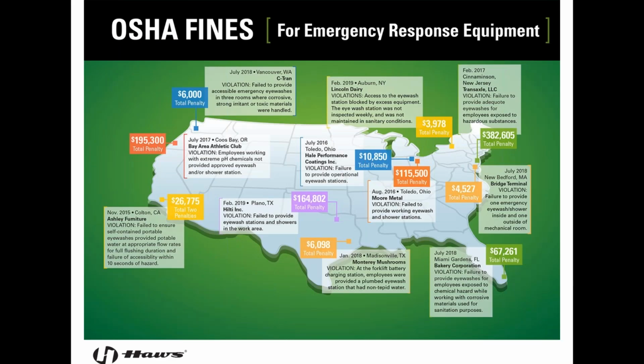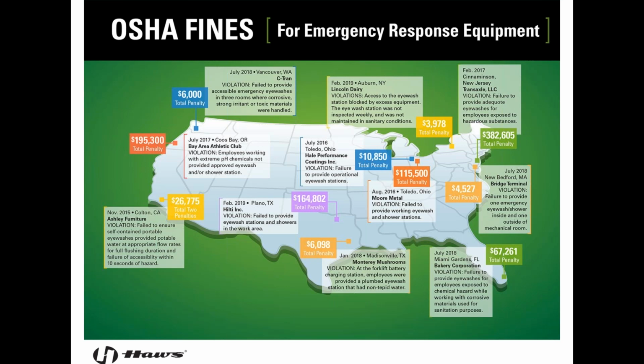This is just a general map of fines throughout the US. I'm actually probably going to work on finding a few more examples this year. But many of these are from 2019, 18, 17. I try to find names and violations that really are good examples too, right?